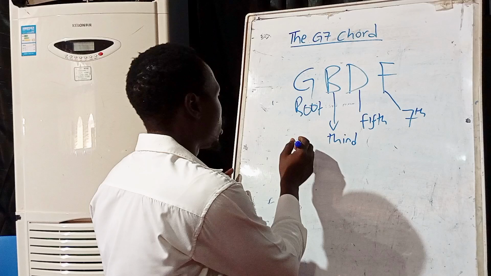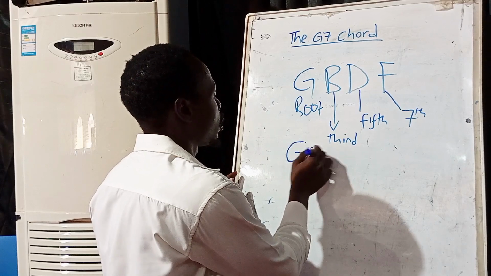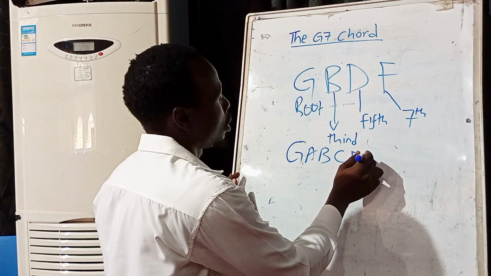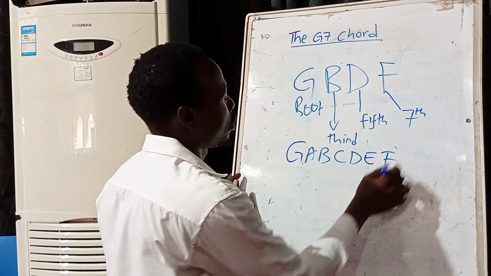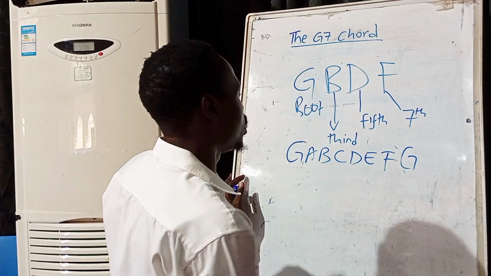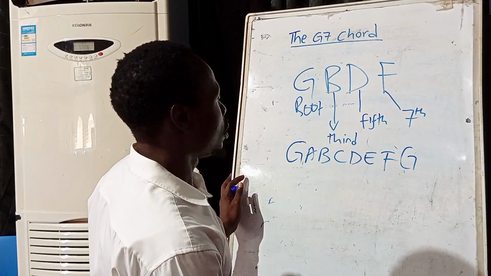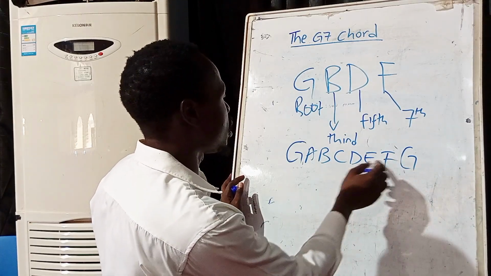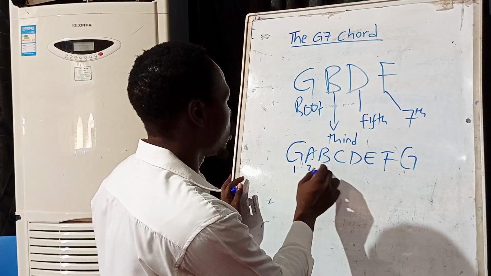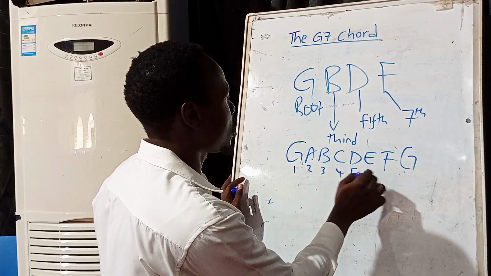The G scale: we have G, A, B, C, D, E, F. Then we are back at G. So F is the seventh away from G. This is 1, 2, 3, 4, 5, 6, 7.